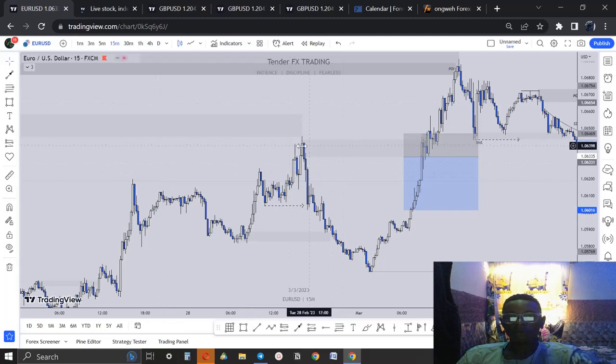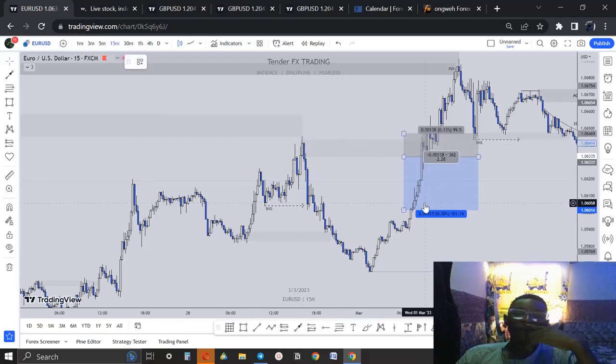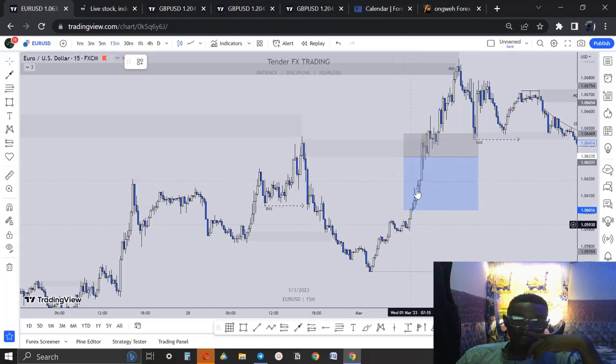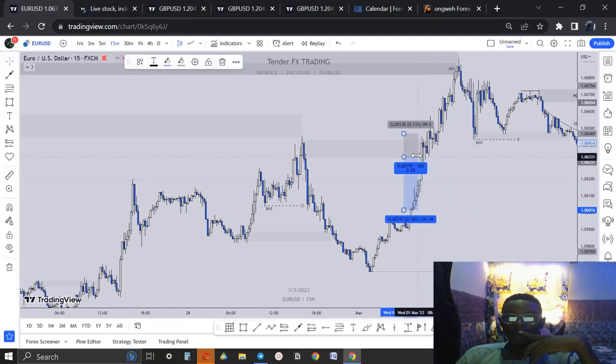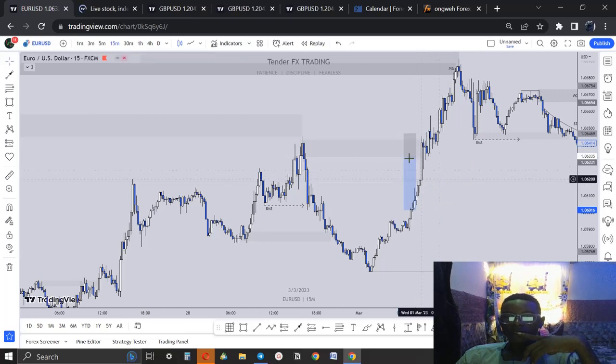We have this form of mitigation right here. But what actually happened when I was watching this retracement to my supply zone, I saw this large volume that price put on. Just look at the kind of momentum approaching this supply zone.